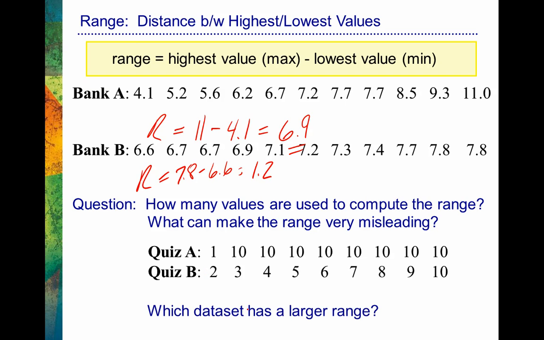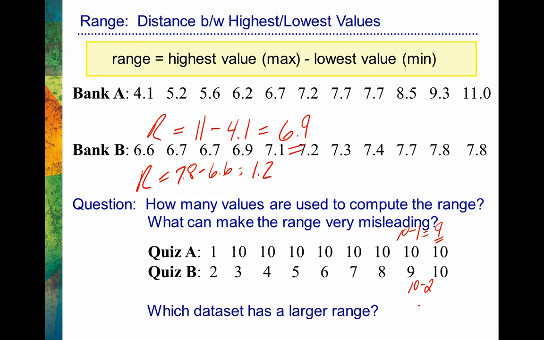Which data set has a larger range? The range for Class A would be from 10 to 1 would be the calculation. 10 minus 1 would equal a range of 9 points. The range for Class B would be from 10 down to 2.